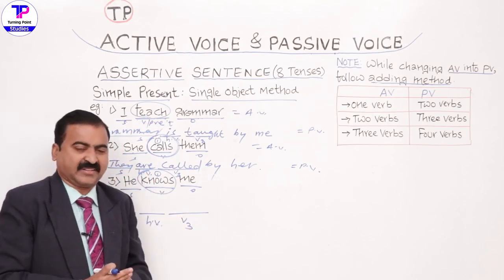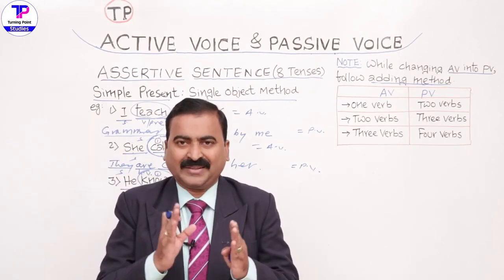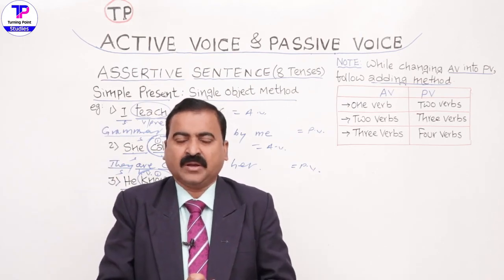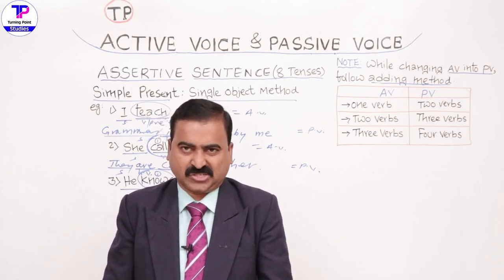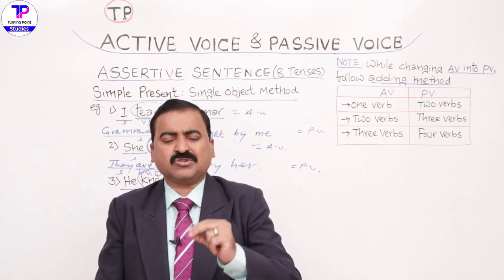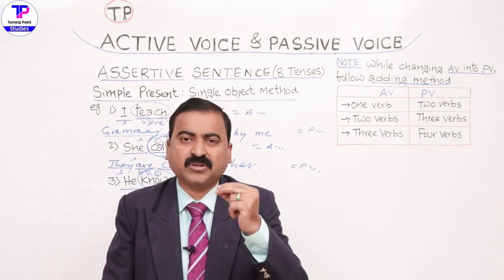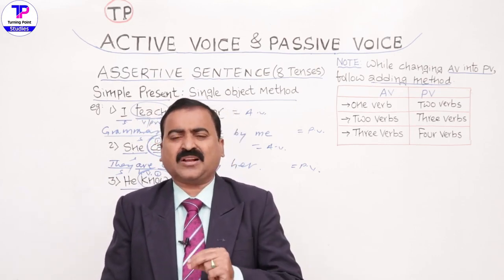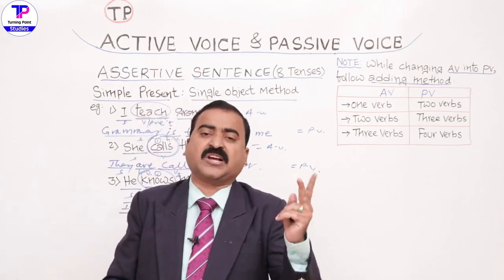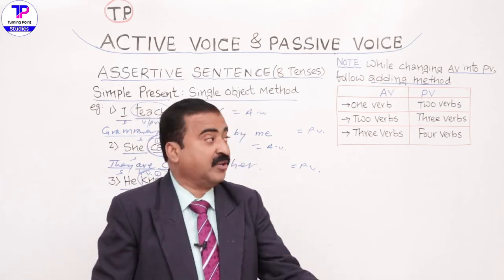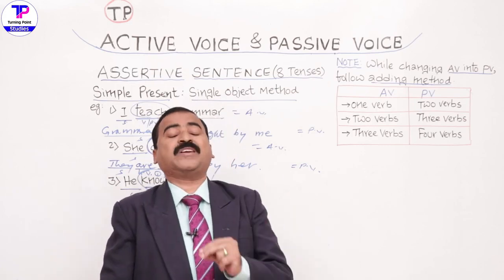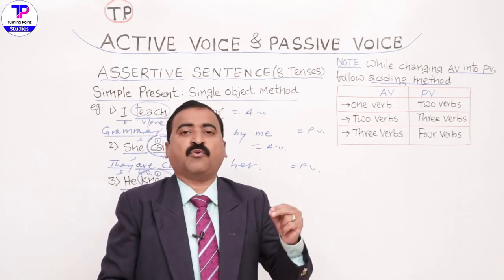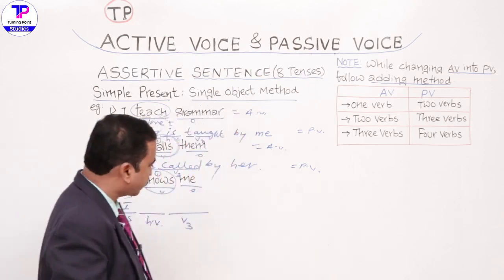Why am I teaching like this? In your SSC exam, a question is given with 4 options. You have to select which option is suitable to the question. It seems all options are suitable. But if you follow this rule, then you can select the appropriate option from the 4 alternatives.